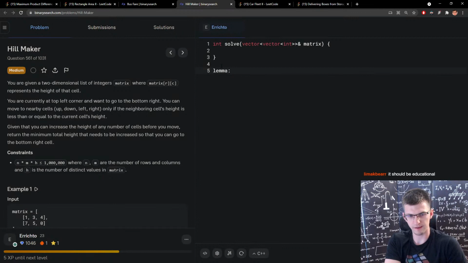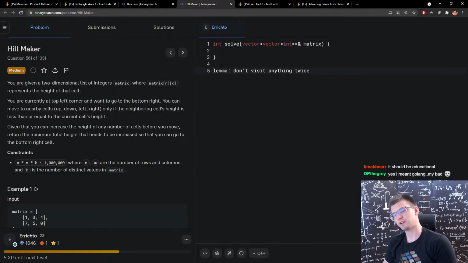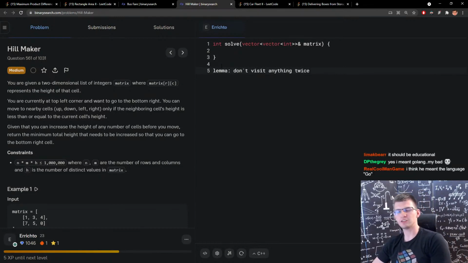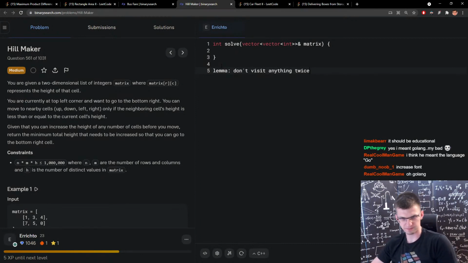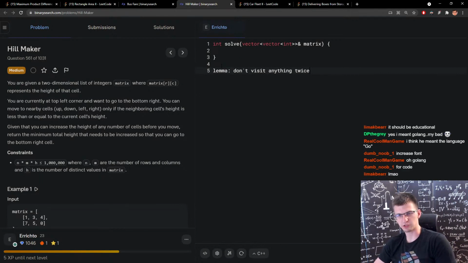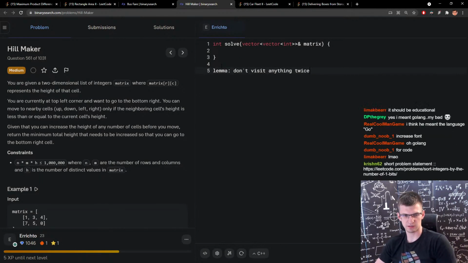So don't visit anything twice. It will simplify things. It's not that it's forbidden, but it's stupid to do so. We don't need to care about it. If our program finds the optimal way, it will not even try to visit something twice.